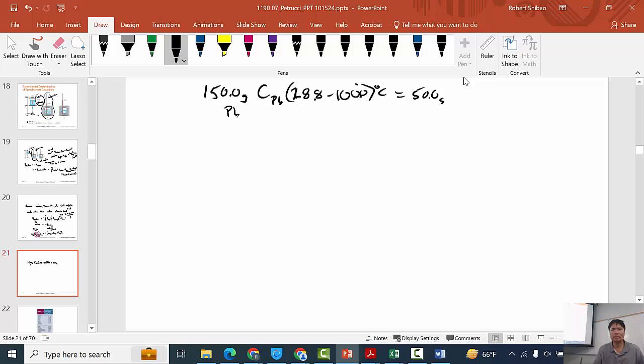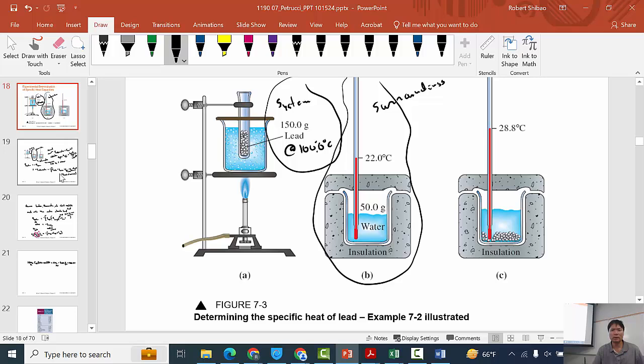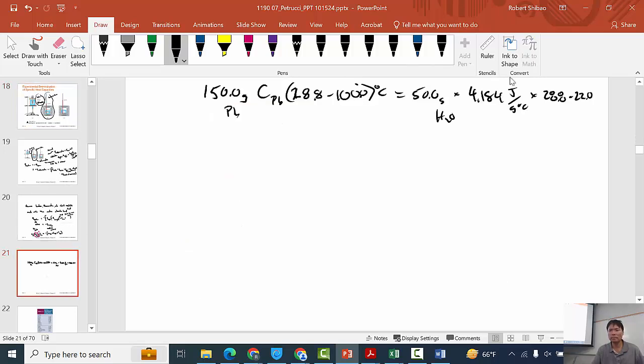This is lead, this is water, times the specific heat of water, which is 4.184 joules per gram degree C, times delta T of the water. The water started at a different temperature, but the final temperature is the same, 28.8, but the initial temperature was 22.0. I recall. Yeah, 22.0. And that's our delta T in degrees C.